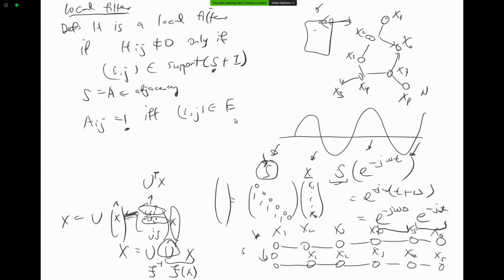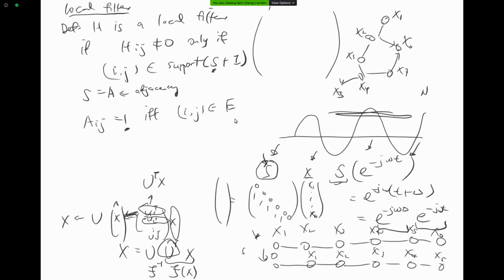For an unweighted graph, A_ij is equal to 1 if and only if (i, j) is in E. Let me use this as an example to make sure I explain the idea clearly. This graph is pretty big, so maybe I erase a node or two to make it simpler, just 7 nodes from 1 to 7, so it will be a 7 by 7 matrix.